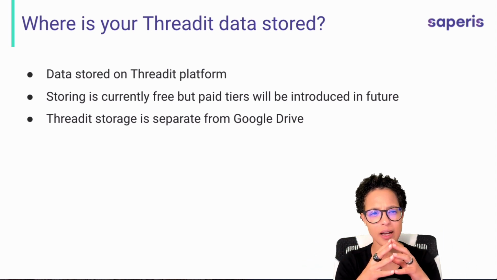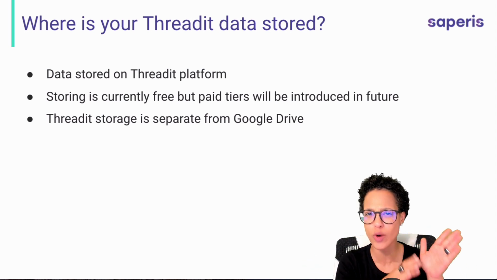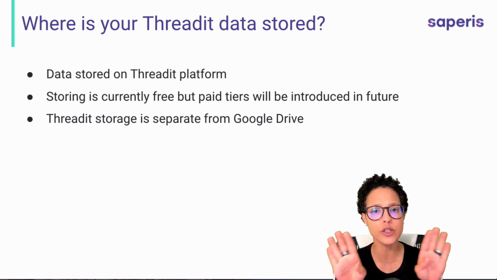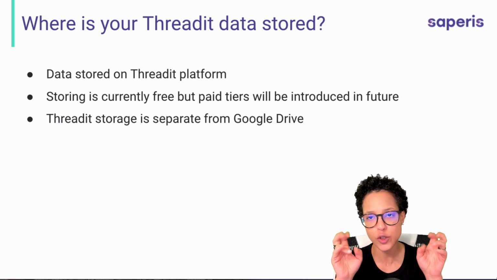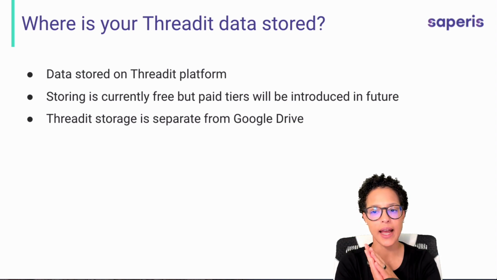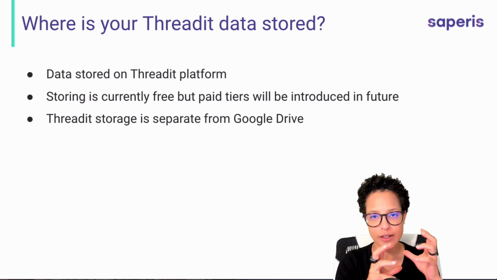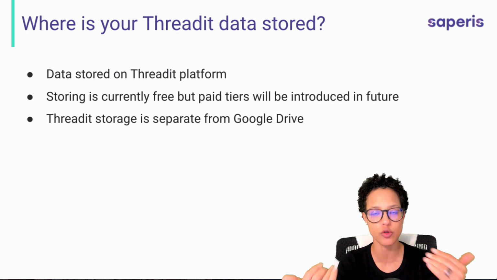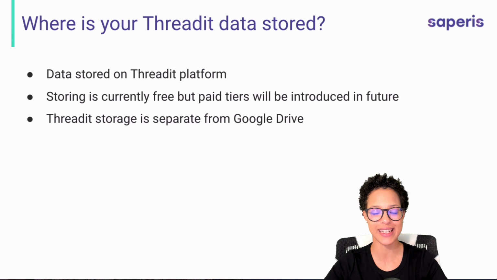As a matter of fact, I have not seen any Threadit data within Google Drive. So these are really two separate storage units, so to speak. And so any Threadits you create and you save will not be against your Google Drive storage, will not be using that up.